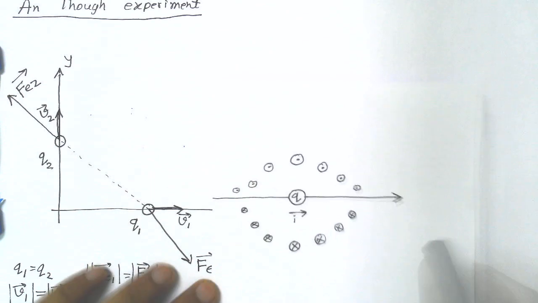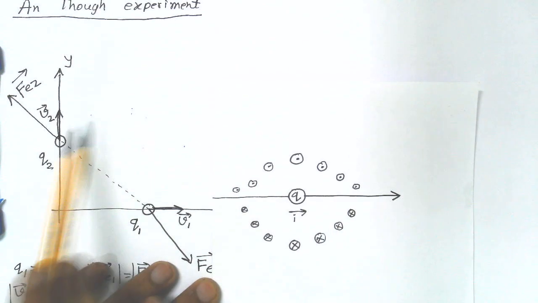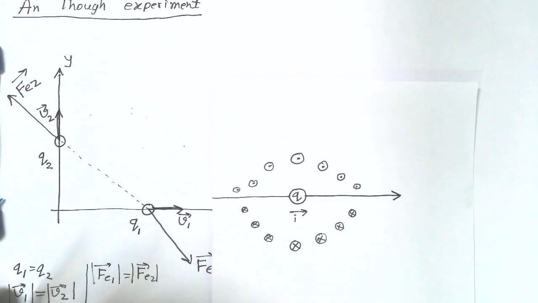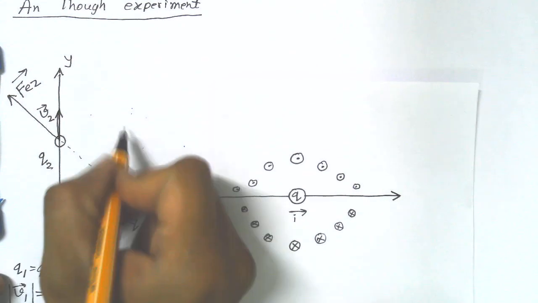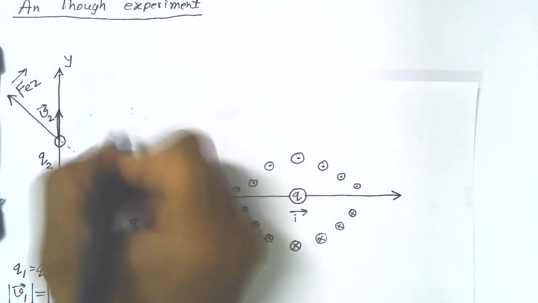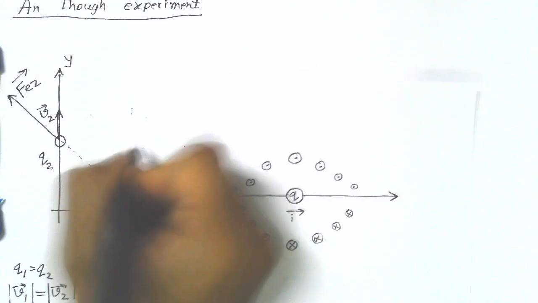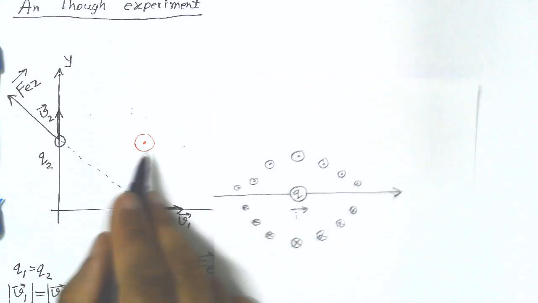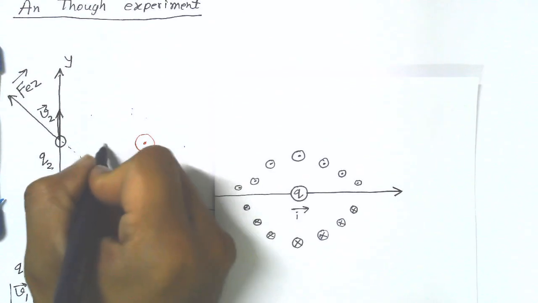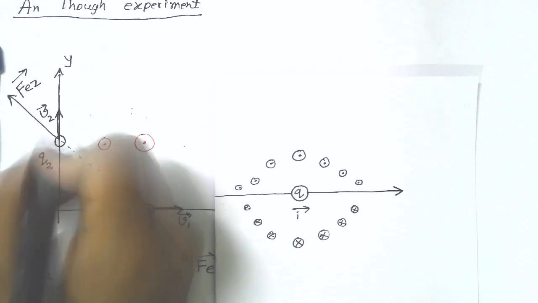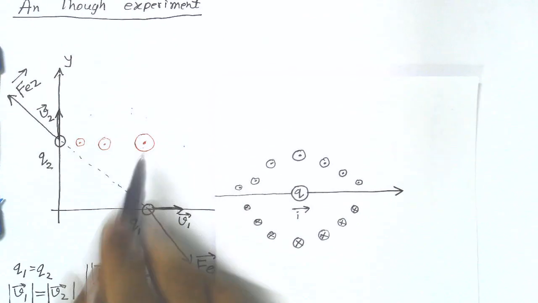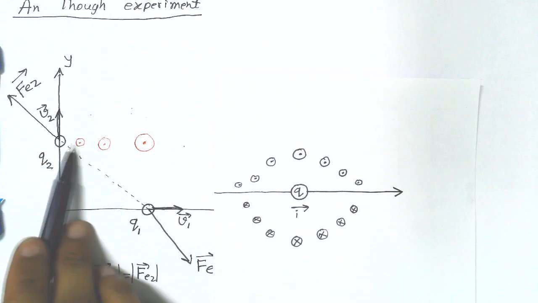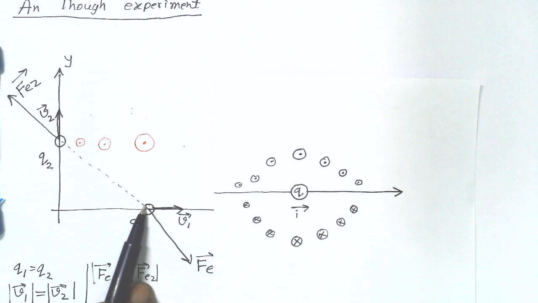And so therefore, everywhere on this upper half, the magnetic field will be coming out from the plane of paper. Here it's stronger, here it's weaker, because this point is farther from this charge.